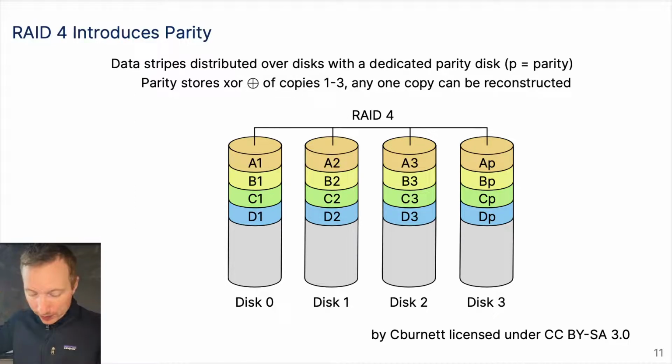The problem with this one is there's going to be very uneven wear, because whatever modification you make, even if it's only to a single drive, every single modification is going to have to go through disk 3 that's holding all the parity information. So disk 3 is going to get a very disproportionate amount of the load because it has to store all the parity across all the disks.